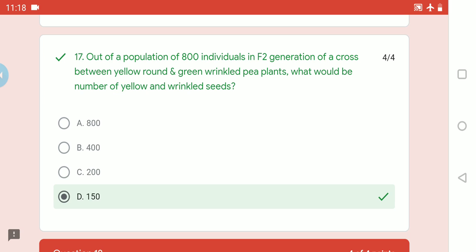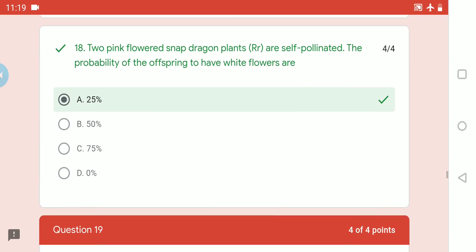Fine. Then you can identify the number. So this is how to identify the numbers by using the test cross ratio and the dihybrid phenotypic ratio, genotypic ratio. You should be ready to identify. I hope you got it. Fine? The next question.